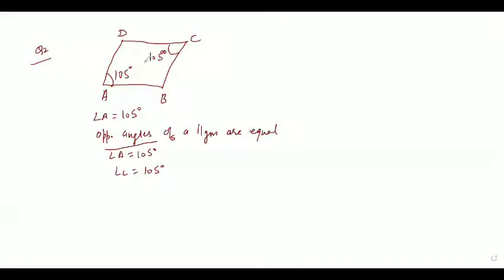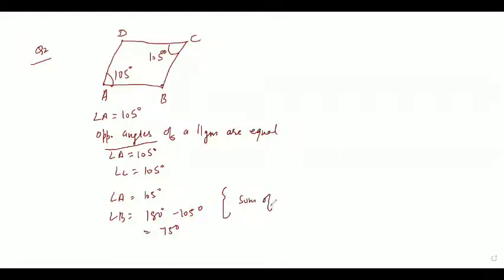Now, in a parallelogram, the sum of adjacent angles, angle A and angle B, should be 180 degree. So if angle A equals 105 degree, angle B would become 180 degree minus 105 degree, that is 75 degree. Why? What is the reason?